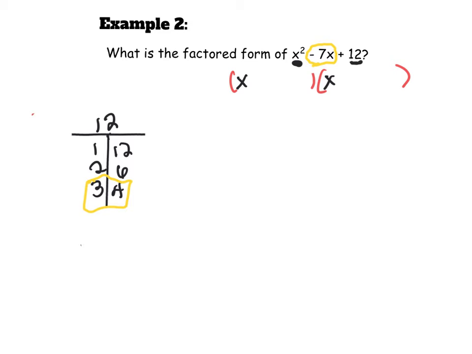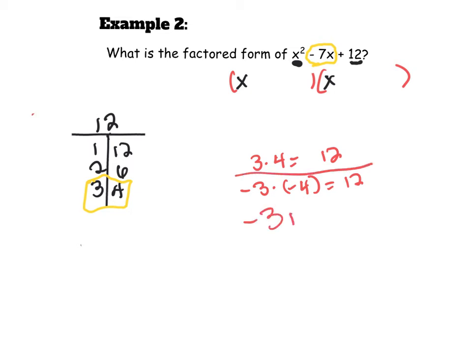Notice, if we multiply 3 times 4, we can get 12. But if we multiply a negative 3 times a negative 4, we can also get 12. And if we add a negative 3 plus a negative 4, we will get a negative 7.